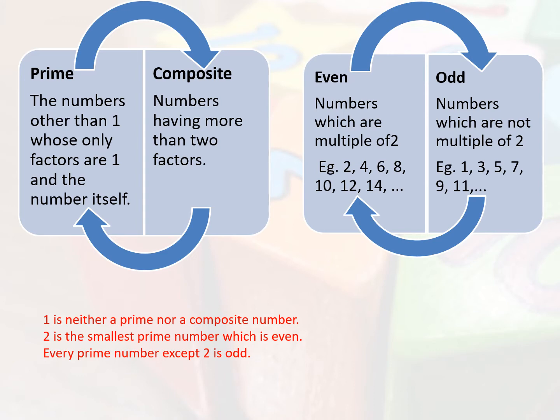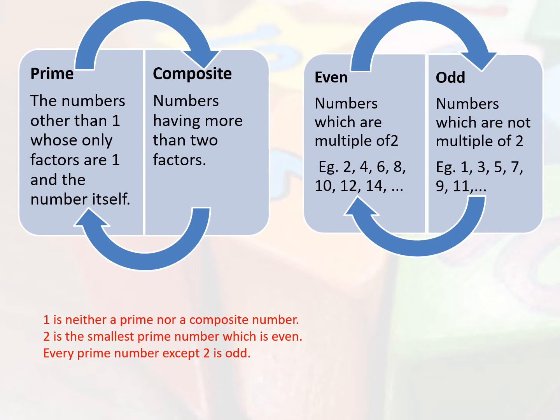Next, we have composite numbers. Numbers having more than 2 factors are called composite numbers. Next are even and odd numbers. Numbers which are multiples of 2, for example 2, 4, 6, 8 and so on, are even numbers. And numbers which are not multiples of 2, for example 1, 3, 5, 7 and so on, are odd numbers.